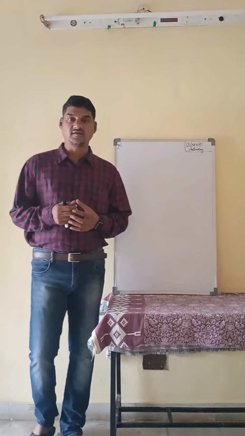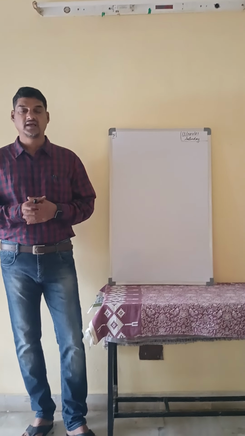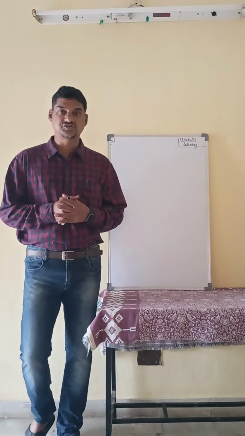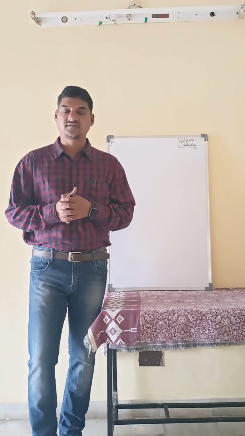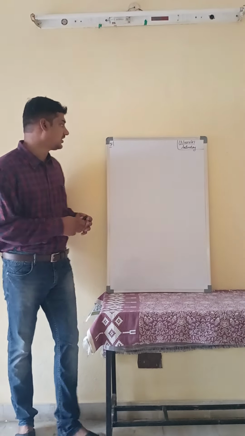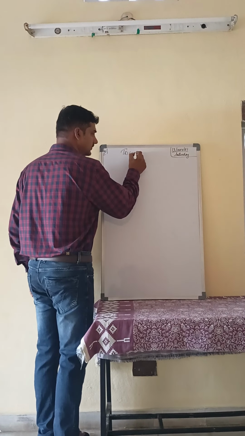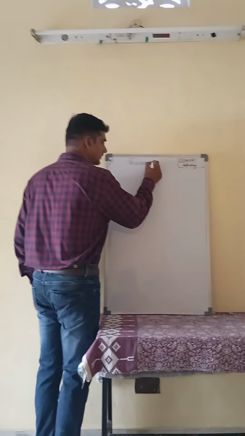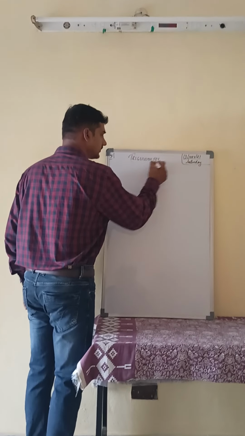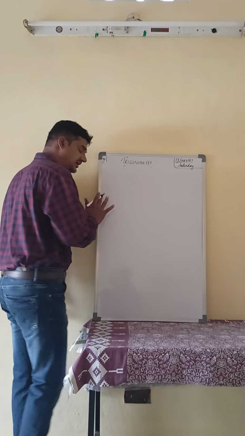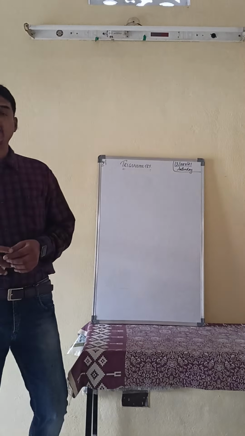Today, the topic which we are going to discuss is one of the important branches of mathematics. What is the name of the topic? The name of the topic is trigonometry. In this trigonometry, what are we going to discuss today?